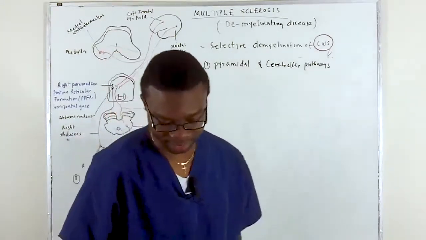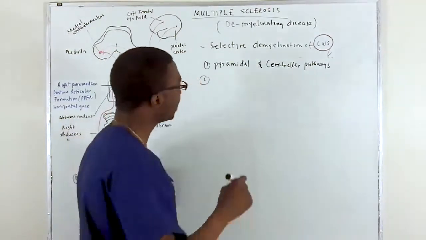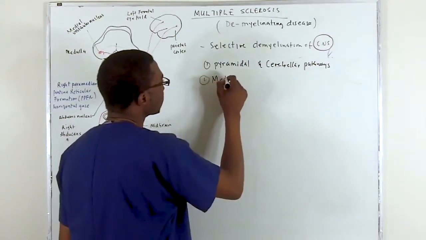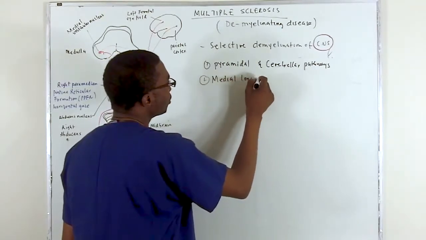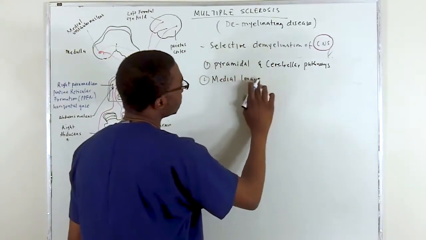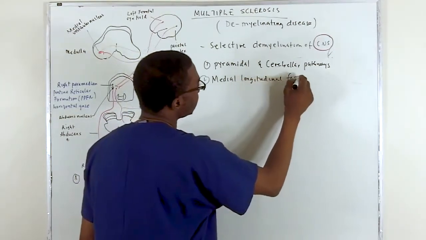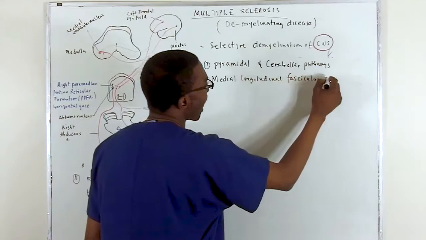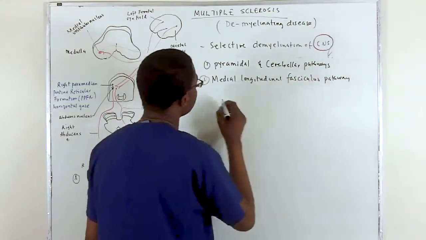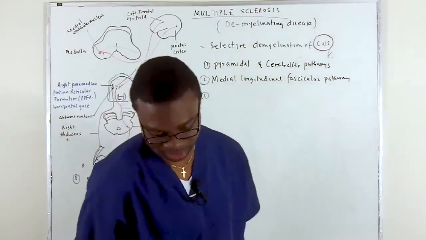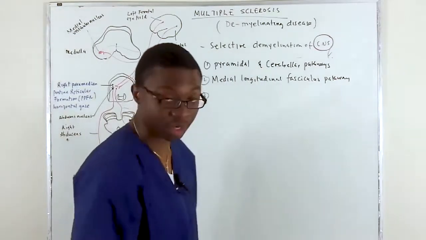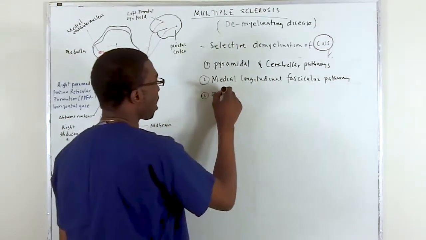Another pathway that's affected is the medial longitudinal fasciculus pathway. And last but not least are the optic nerve and the posterior column.